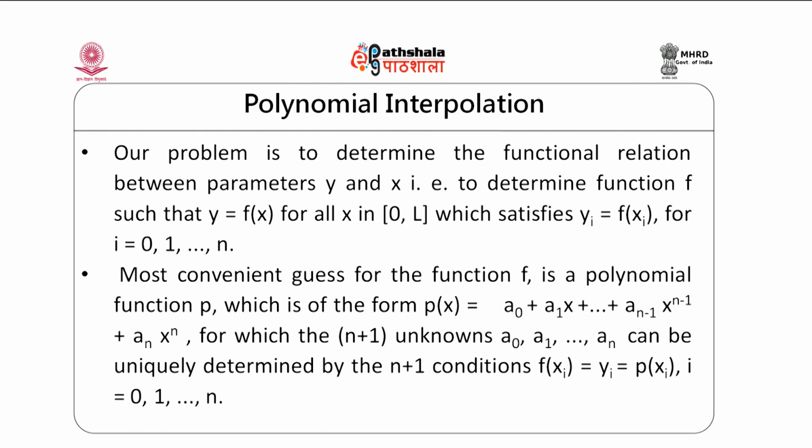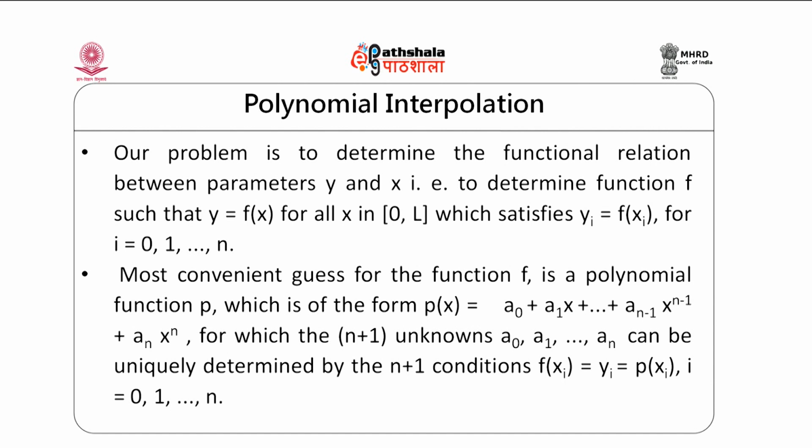That is, to determine a function f such that y is equal to f(x) for all x in the interval 0 to L, where 0 is the first point of the shaft from where the measurements begin and L is the last point on the shaft, which satisfies yi equal to f(xi) for i equal to 0, 1, 2, 3 up to n. So, this is our objective: to determine the functional relationship between x and y in terms of f(x).